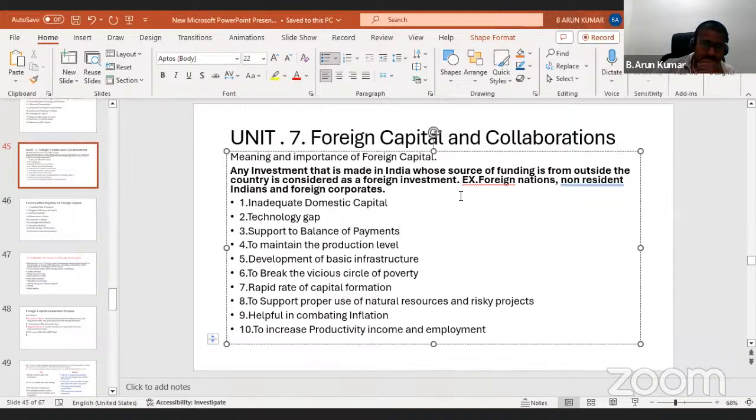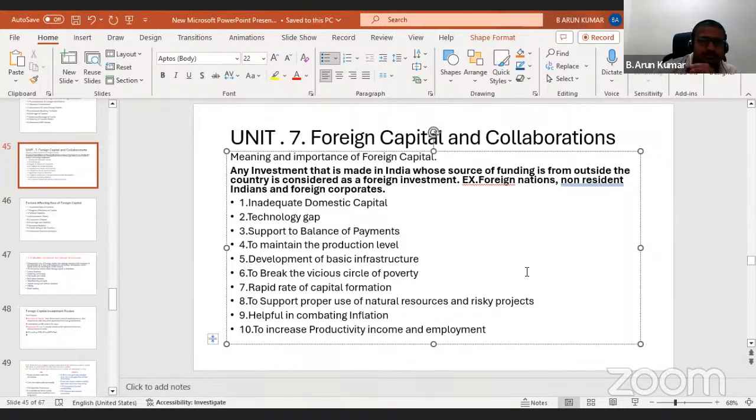For example, foreign nations, non-resident Indians, and foreign corporates are investing some money in our country. Any investment made in India whose source of funding is from outside India, we call foreign investment. So this is the definition regarding foreign capital.